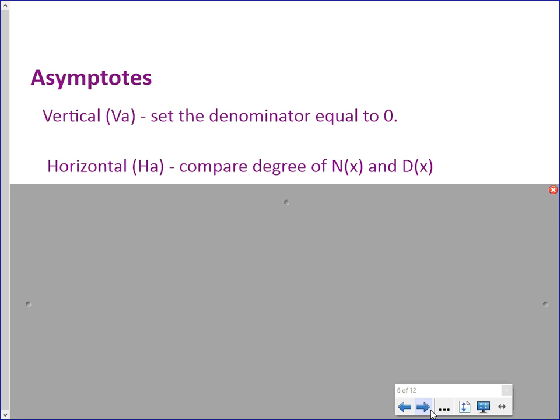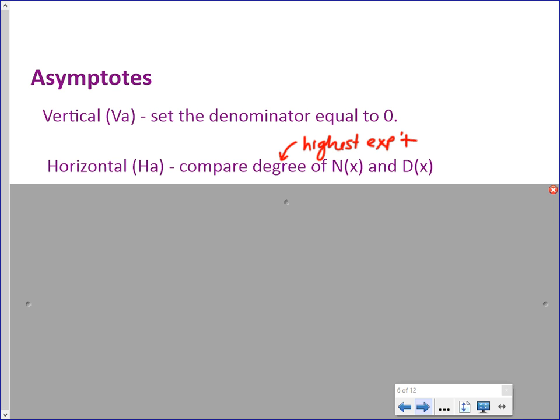To do the horizontal asymptote, you have to consider the degrees of the numerator and the denominator. And what do we mean when we say degree again? The highest exponent. So you're going to be looking at the highest exponent of the polynomial. When you're comparing two numbers, there's really three things that can happen.